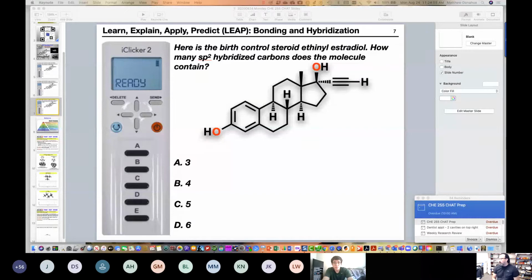So there's how you differentiate those. Alkane has sp3 hybridized carbon. Alkene has sp2. Alkyne has sp.